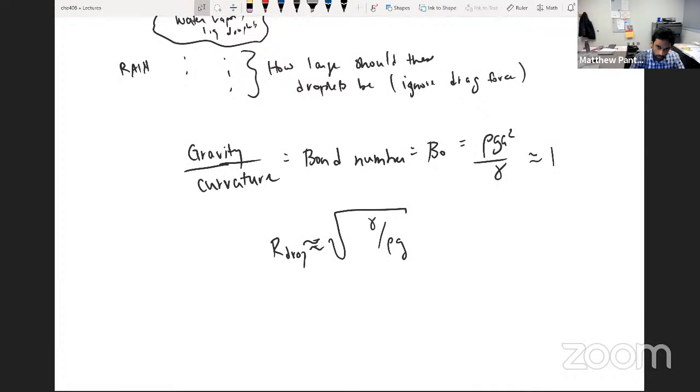So if you were to take values for water at 25 degrees C, you would find that the water droplets would have a radius of something like 3 millimeters, approximately.